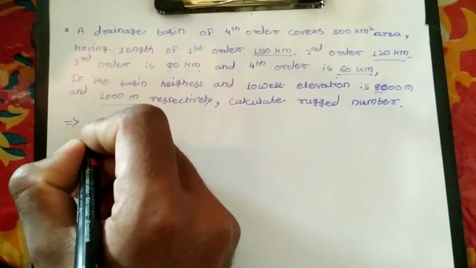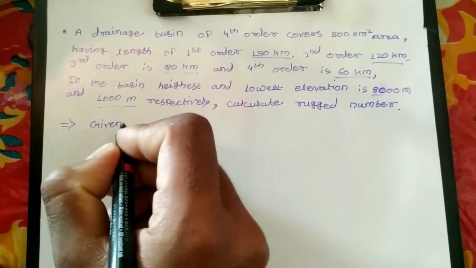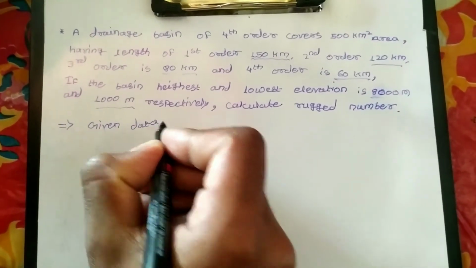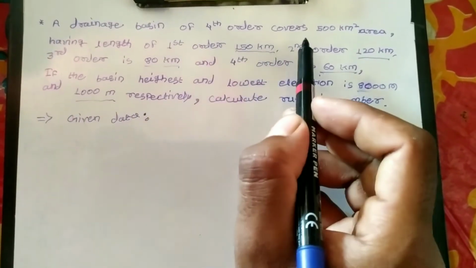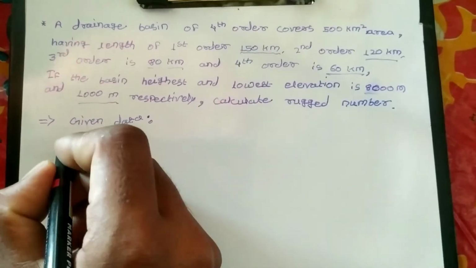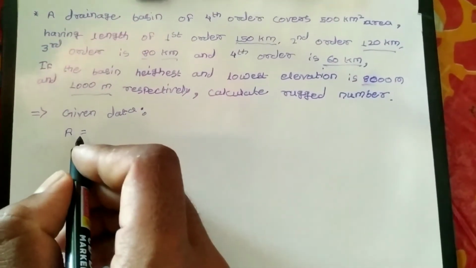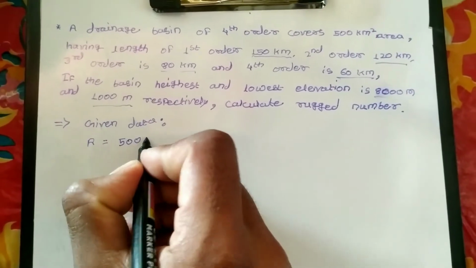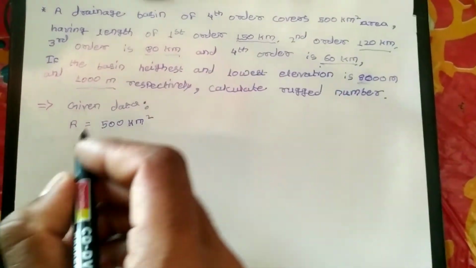What is given? Given data. A drainage basin of fourth order covers an area. Area is given, so capital A is 500 square kilometer. Then length is given.